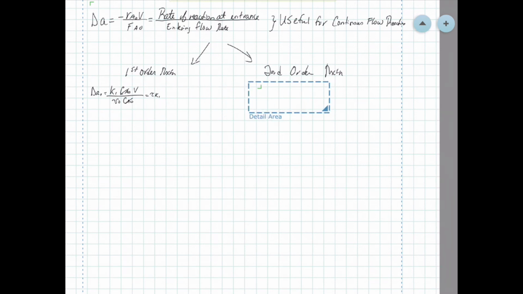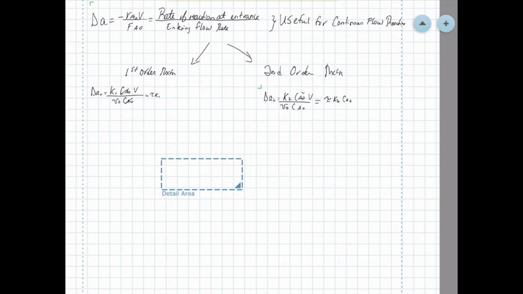For a second order reaction, as we mentioned before with the previous example, we get that it equals tau k2 CA0. So with this, we have the definition of the Damköhler number for two orders of reaction.